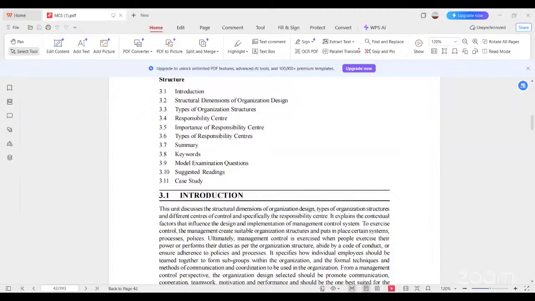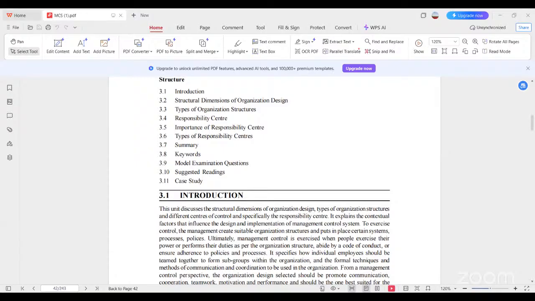Basically, what happens in a college: the principal has the overall control. Okay, the vice principal or the deans have control over the academic and administrative part. HODs take care of departmental control. Faculty go for teaching and evaluation.